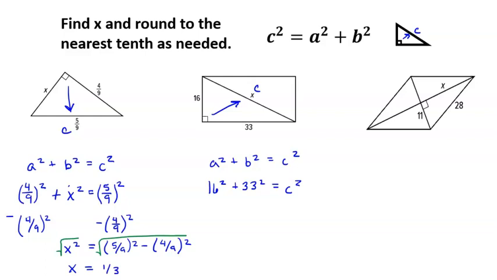All right, and then from here, we have 16 squared, which gives us 256 plus 1089 equals c squared. And then from here we get 1345 equals c squared. Now, there are some problems where they're going to ask you to simplify the radical.